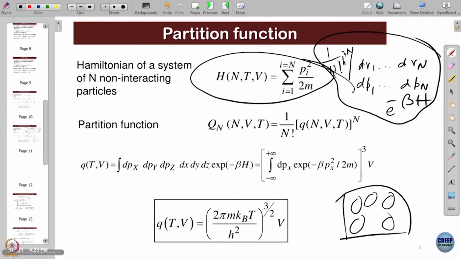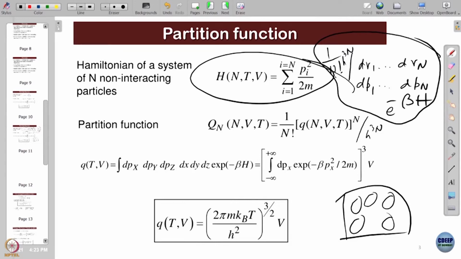So, they are completely disjoint, and if they are completely disjoint, I can separate them out. That means the integrations dr1, dr2, dr3 are not coupled, and dp1, dp3 are not coupled. So, I have essentially N identical integrations which are just a product, so I have q to the power N, and then h to the power 3N here.